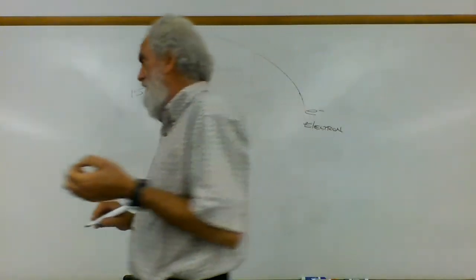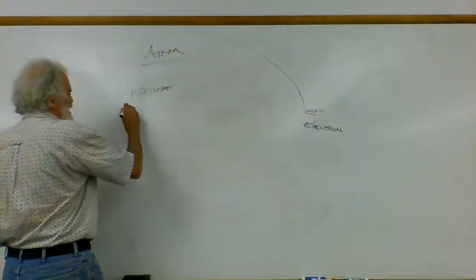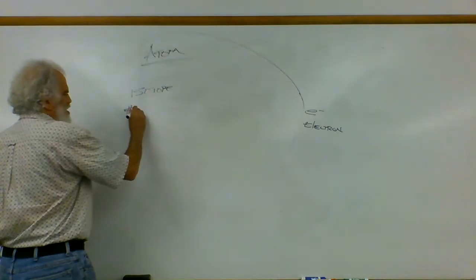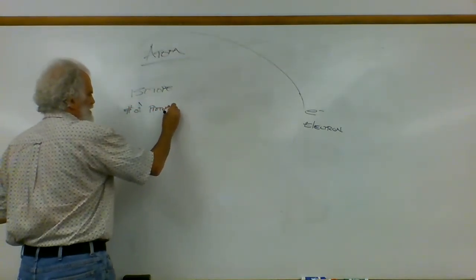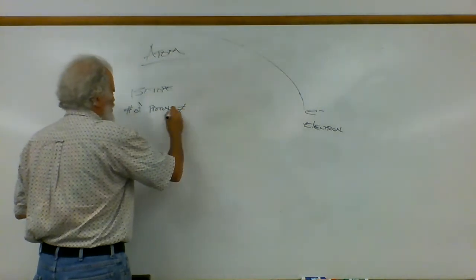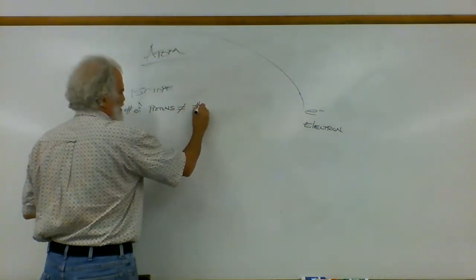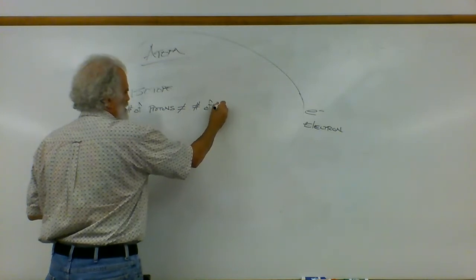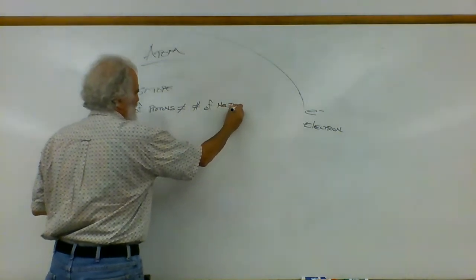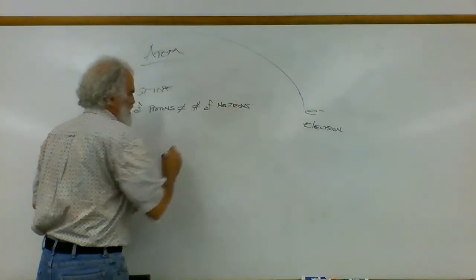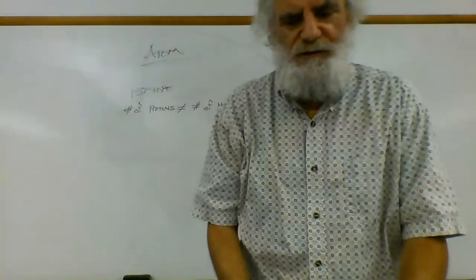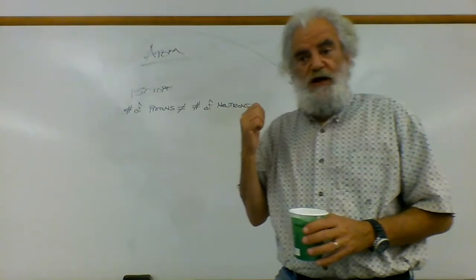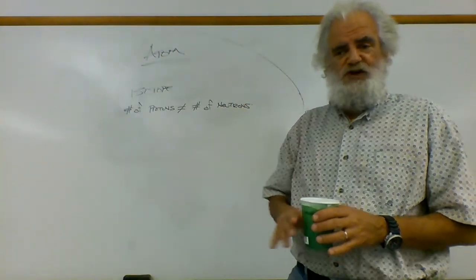It's an atomic nucleus such that the number of protons doesn't equal the number of neutrons. So one thing that's important to recognize as well is that this is a really good working definition. I like this as a definition.